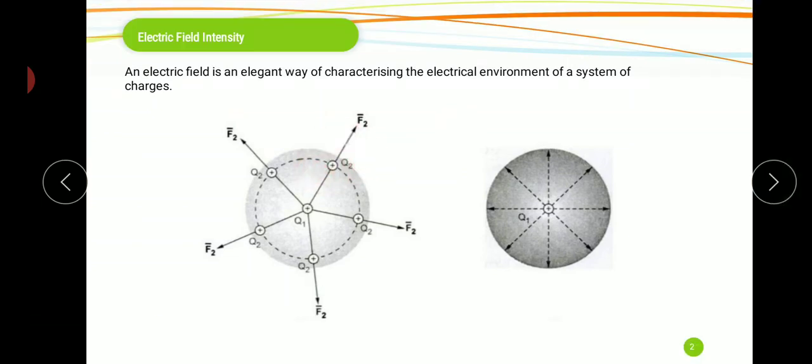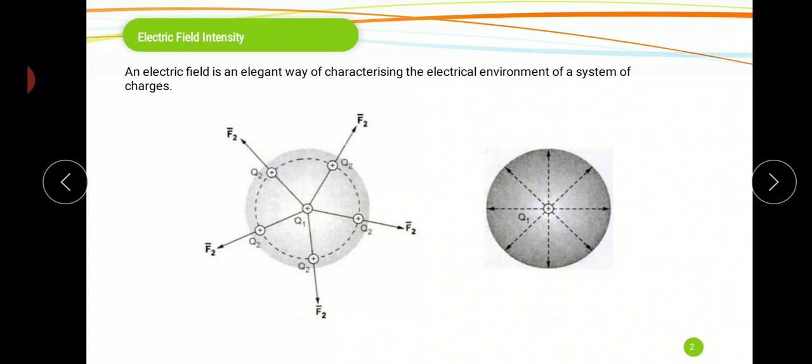Depending upon the charges, whether they are like charges or unlike charges, a force is developed between these two charges. That force is represented by the letter F2, lying along the line joining Q1 and Q2.